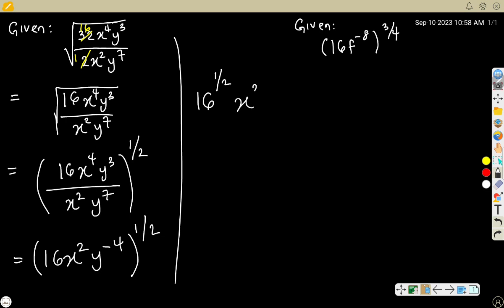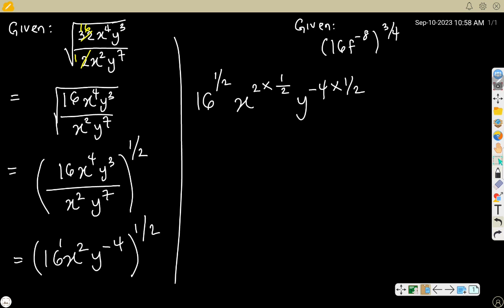So that is x raised to power 2 times 1 over 2. Remember, this power outside will affect everything inside the bracket, and this 16 is power 1, so it's like saying 16 raised to power half x raised to power 2 times half. So that half is affecting everything inside the bracket. Then y raised to power minus 4 times half also.